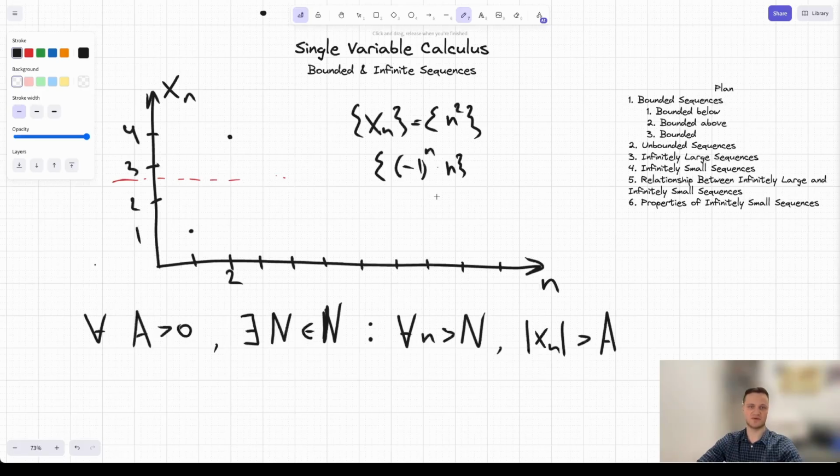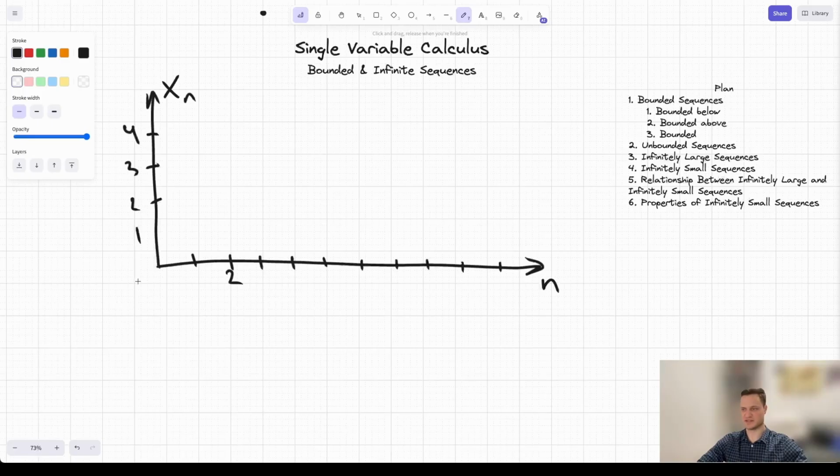So every infinitely large sequence is unbounded, while the opposite doesn't hold. Some unbounded sequences, like this one, might oscillate or behave in another way without consistently going towards infinity or negative infinity.